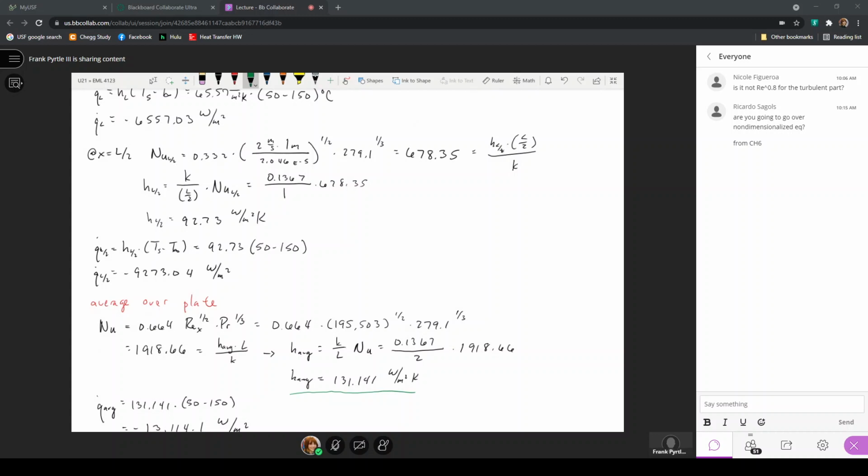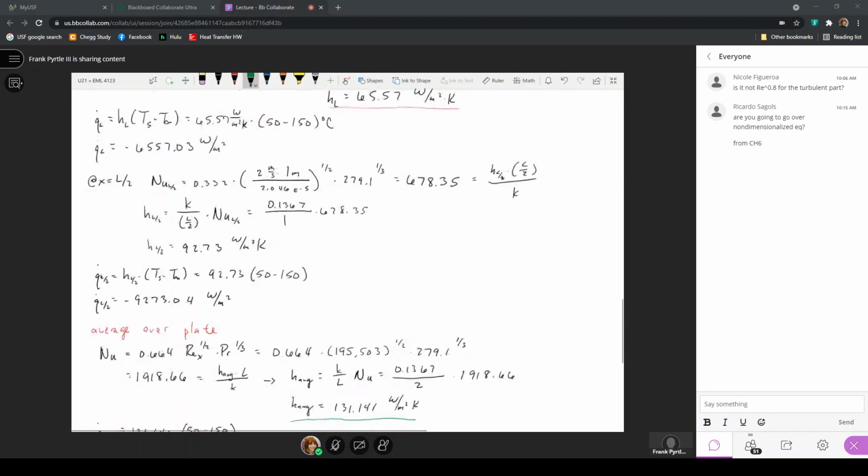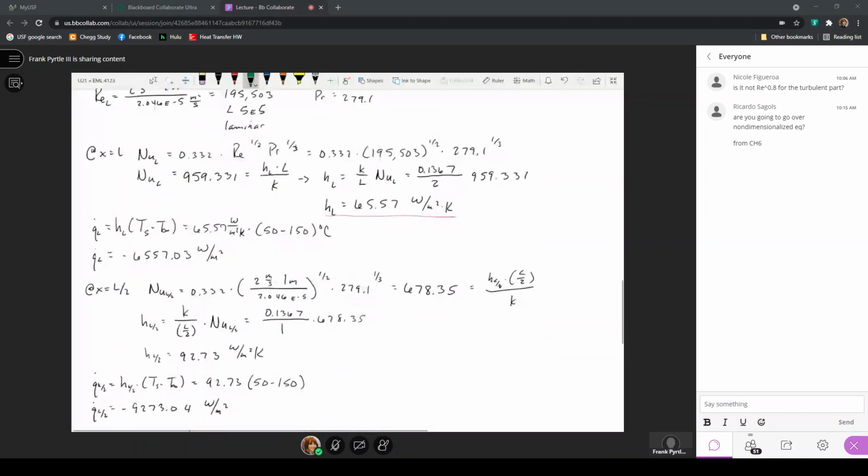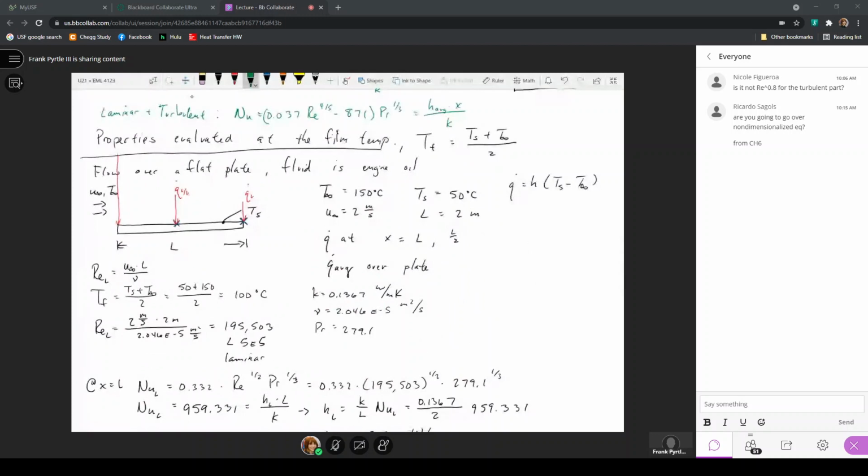Anytime you have a laminar flow condition over the entire length of the plate, the average heat transfer coefficient over the entire length is equal to double the value of the heat transfer coefficient at the trailing edge. So here, where the heat transfer coefficient was 65.57 at the trailing edge, the average was 131.14.